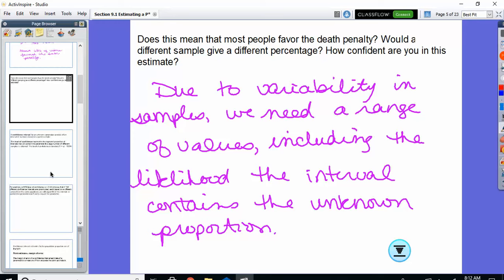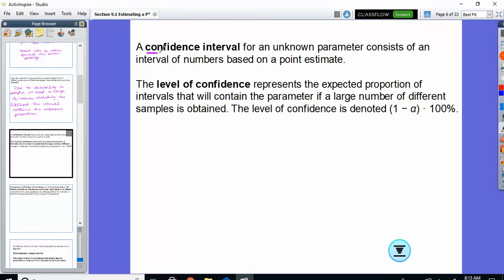Your point estimate will have to fall in there. So we got a point estimate of 0.6296 or something. So when I'm building my confidence intervals, 0.63 would have to fall in that range. And then the level of confidence is how sure we are we're accurate. Level of confidence will always be a percent.